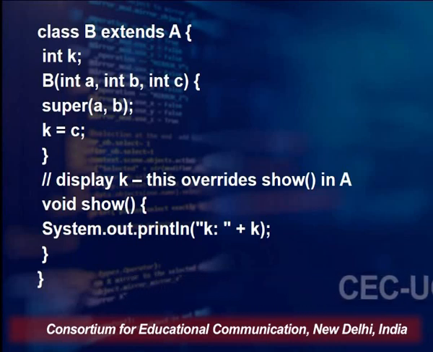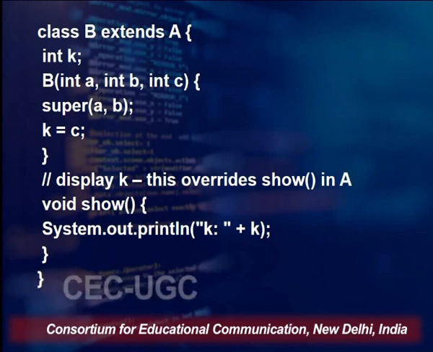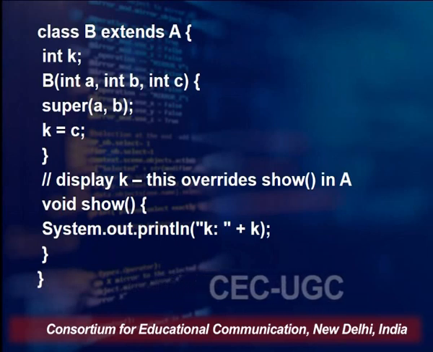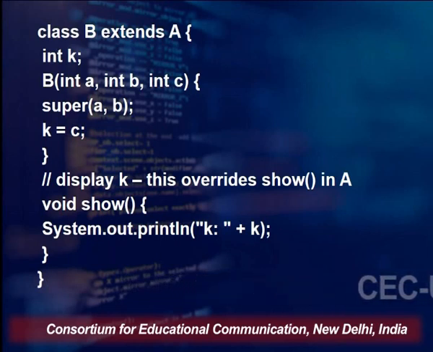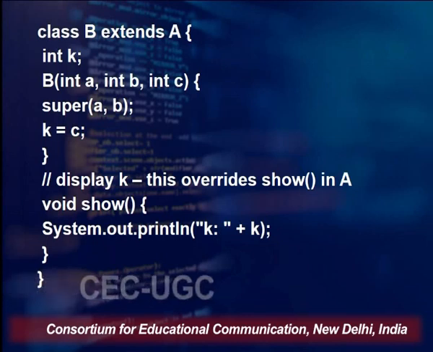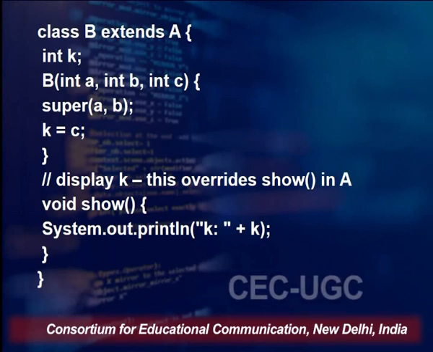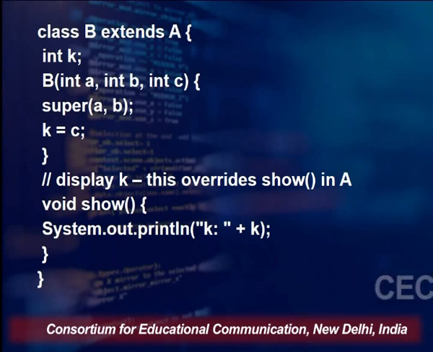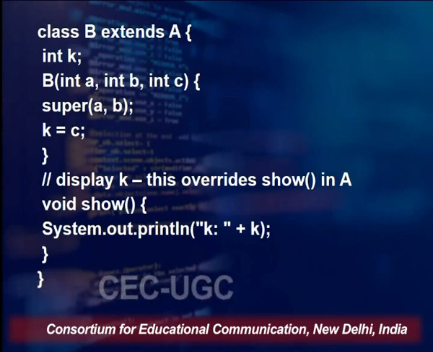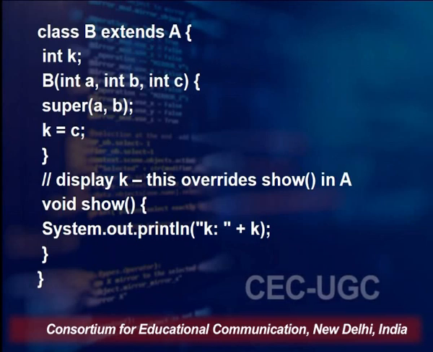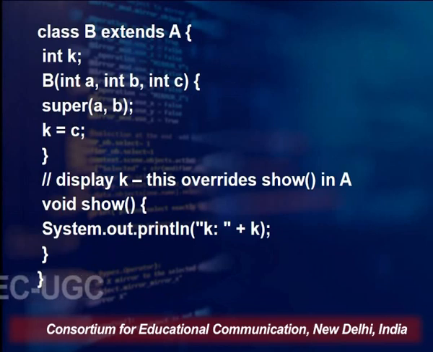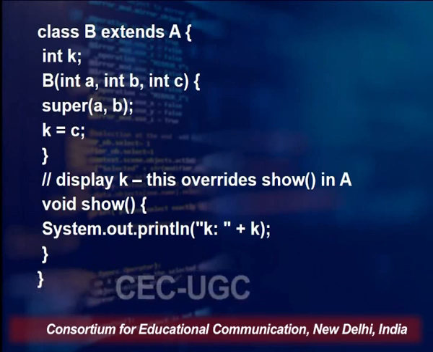The constructor of class B, which is named B, takes three variables a, b and c, passes a and b inside the super keyword, which in turn calls the constructor of class A, and the value of c is given to k. This is a common, redundant thing which we have seen in our previous lectures also. What is new here is one method named show.